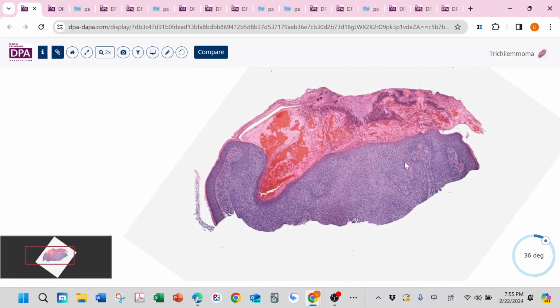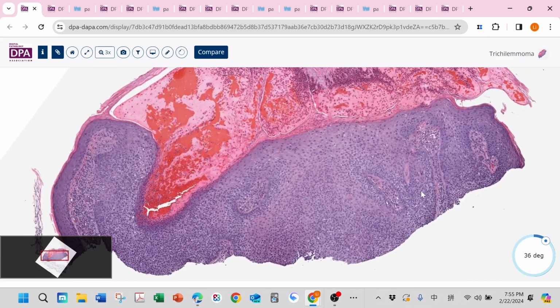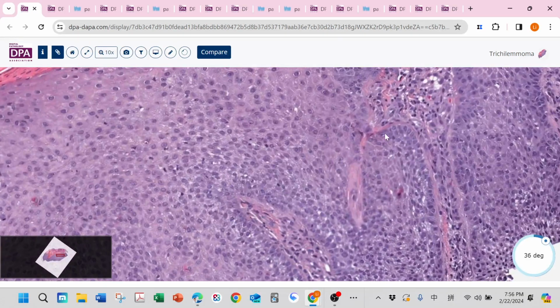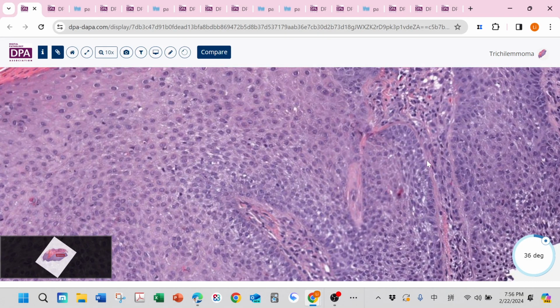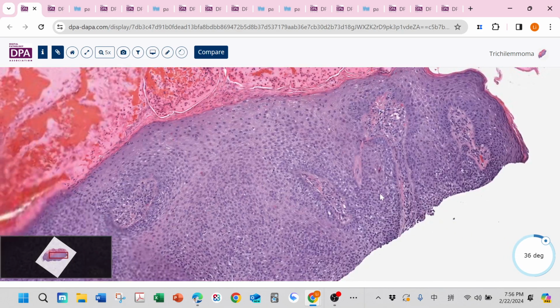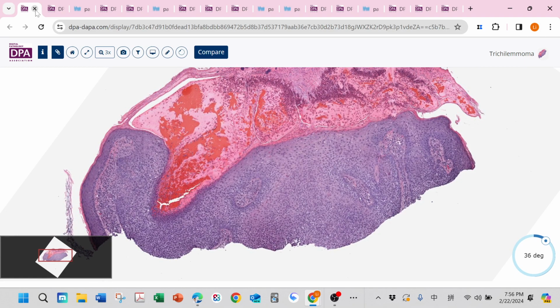But even in this periphery, you can appreciate that kind of well demarcated, eosinophilic thickened basement membrane zone. And then we can find these palisaded basaloid cells. Then inside we can find this clear cytoplasm. So combine all of these features, this is another trichilemmoma.